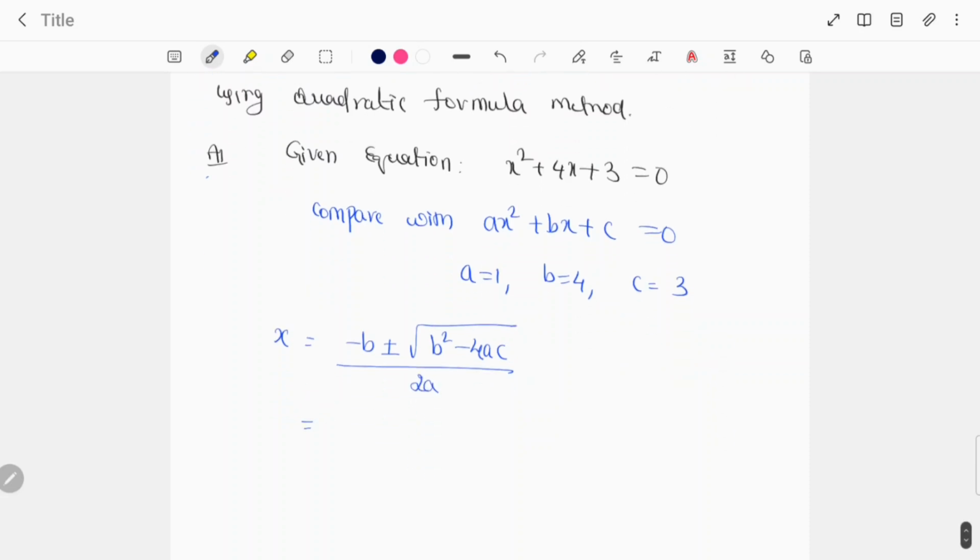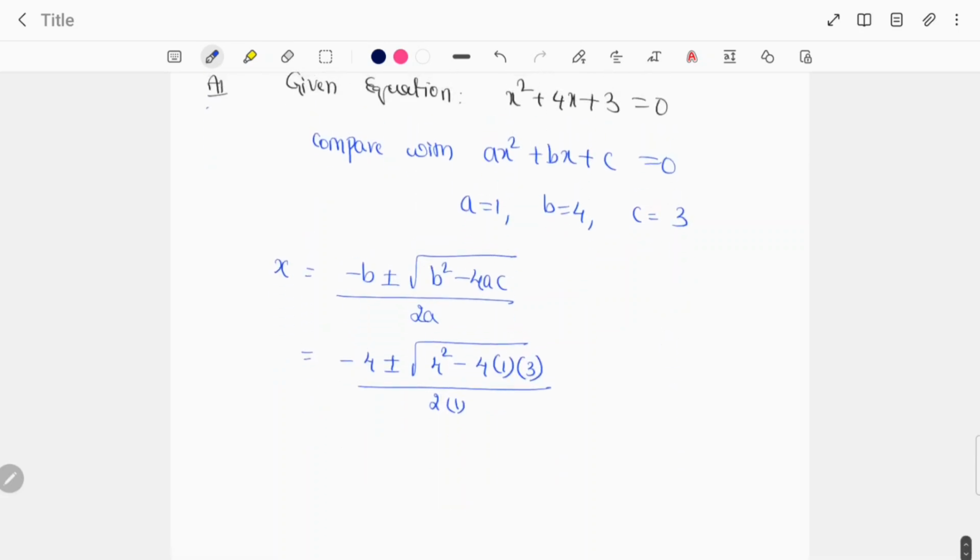So we are going to substitute these values in the formula. Minus b means minus 4, plus or minus the square root of b², which is 4², minus 4 into a which is 1, into c which is 3, by 2 times 1, a means 1. Minus 4 plus or minus the square root of 16 minus 4 threes are 12, by 2.